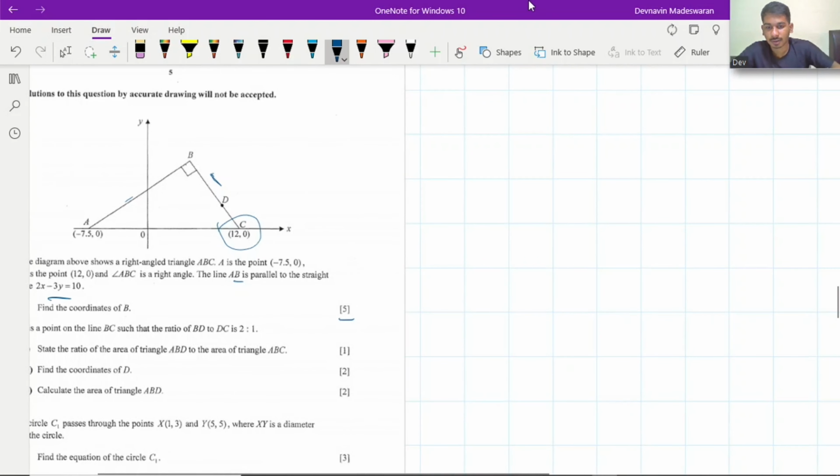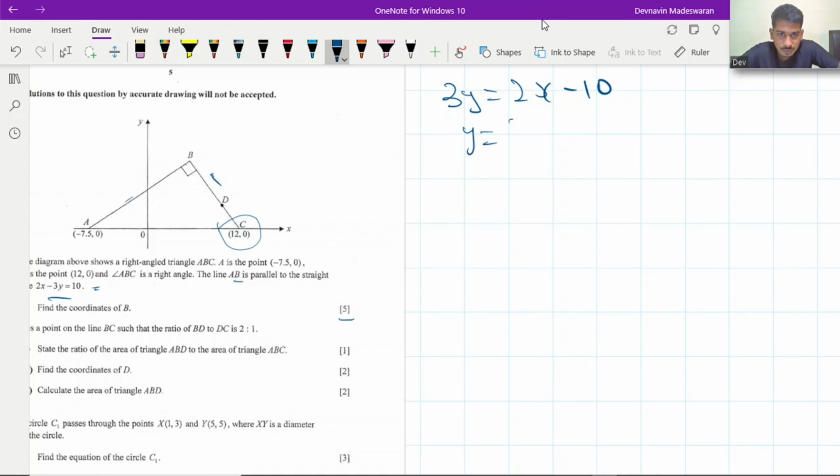So that's the plan. So let's find the gradient. 3y is equal to 2x minus 10. I'm just rearranging this thing. Okay, then it's going to be y is equal to 2 over 3x minus 10 over 3. So the gradient is 2/3.